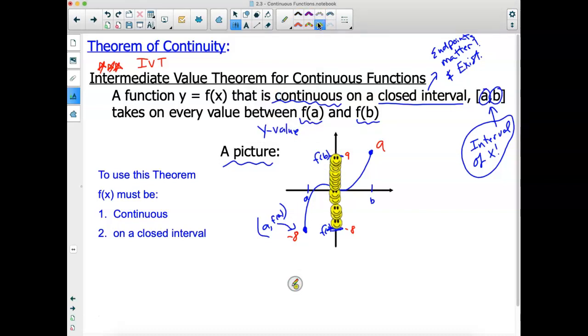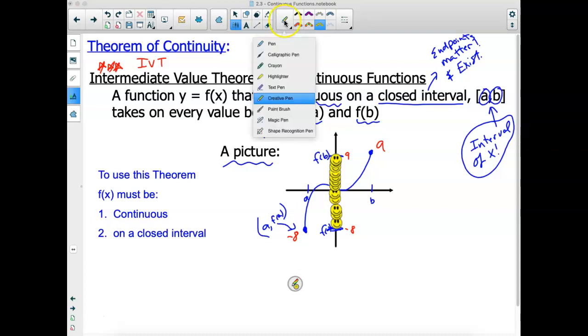Between a and b, those are all happy places. All the y values between -8 and 9 will be taken on in this interval.